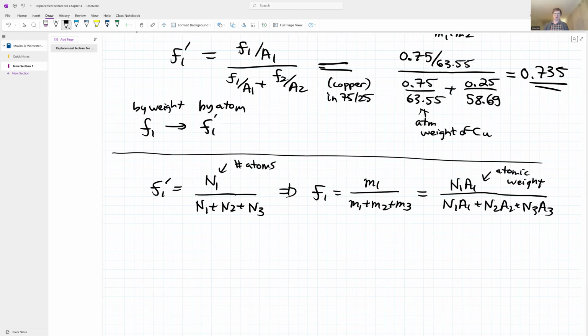And then you do the same kind of trick where you multiply and divide the top and bottom by the sum of all the numbers. So you do N1A1, and then this entire numerator you multiply by the sum of all three, and on the bottom you do the same thing.